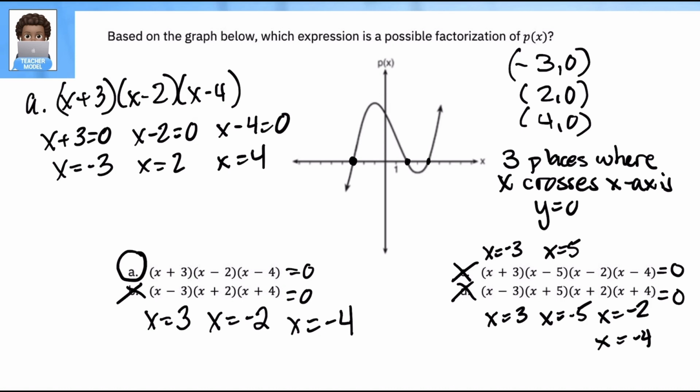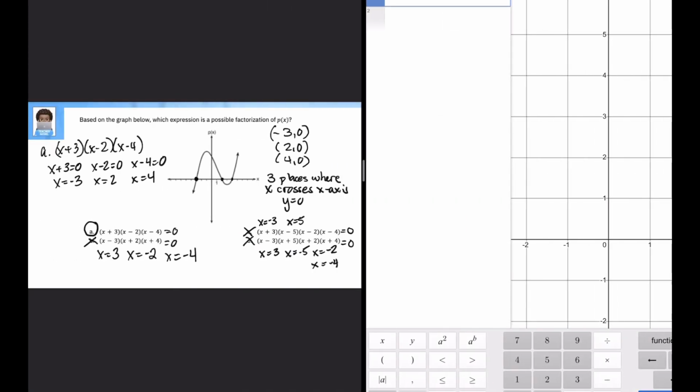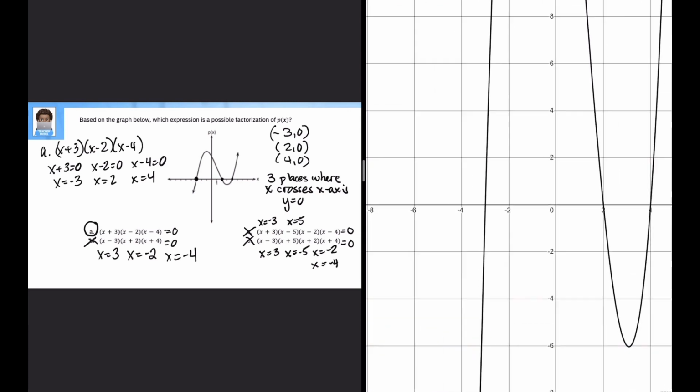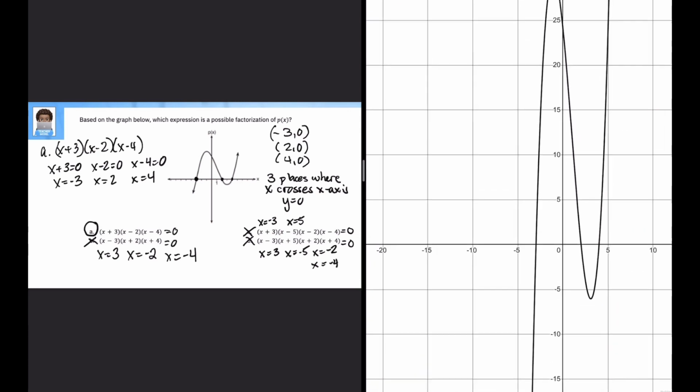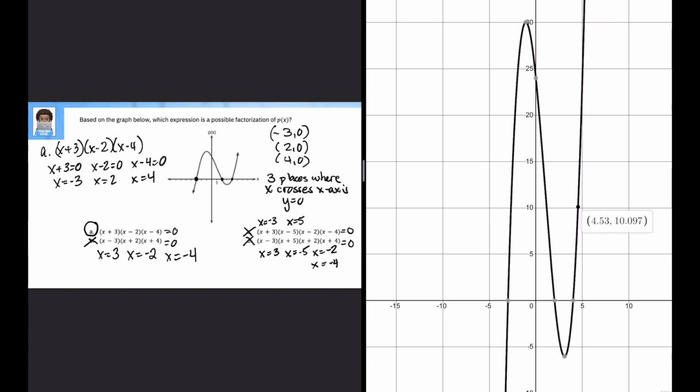So far so good, but I'm going to set up Desmos. Let's look and confirm. Let's just make sure that this is the right one. All right, we have Desmos open. So I'm just going to start putting in the points that we had for A. All right, so we have everything written there. Let's close this up. Yeah, that's the shape we had.